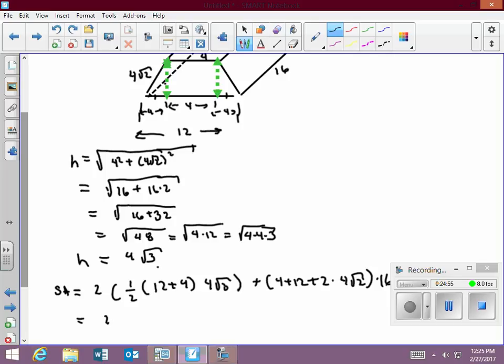So that's 21 times 4 square root of 3. And that's going to be 18 plus 8 square root of 2 times 16.